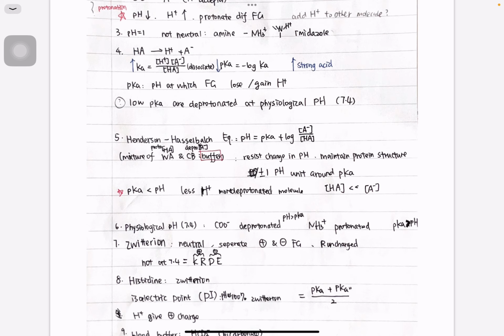Yeah, and the Ka is the amount of dissociation, and pKa is the negative log. If you dissociate a lot, that means you are a strong acid and your pKa will be really low. And there's another focus, which is the pKa. pKa tells you the pH at which a functional group will lose or gain its proton.